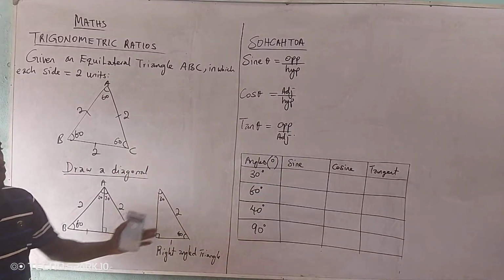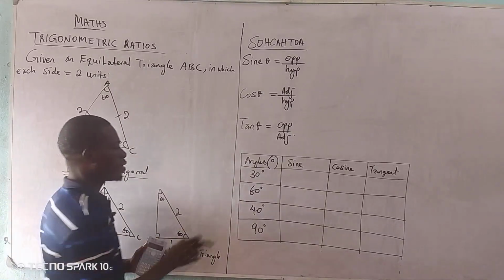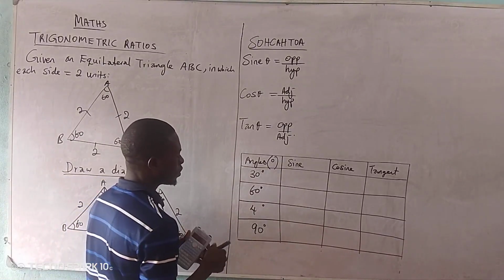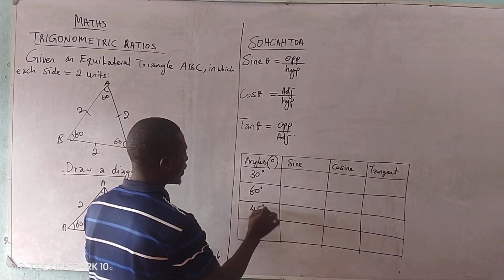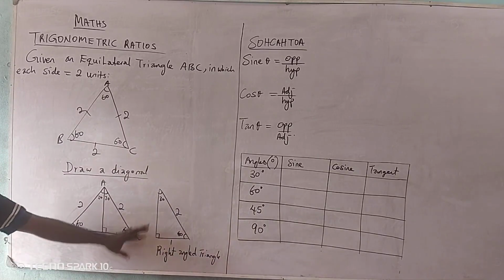Sorry, this is 45 and not 40 degrees. These are the special angles that I'm going to find today, in degrees. So let's start with 30.